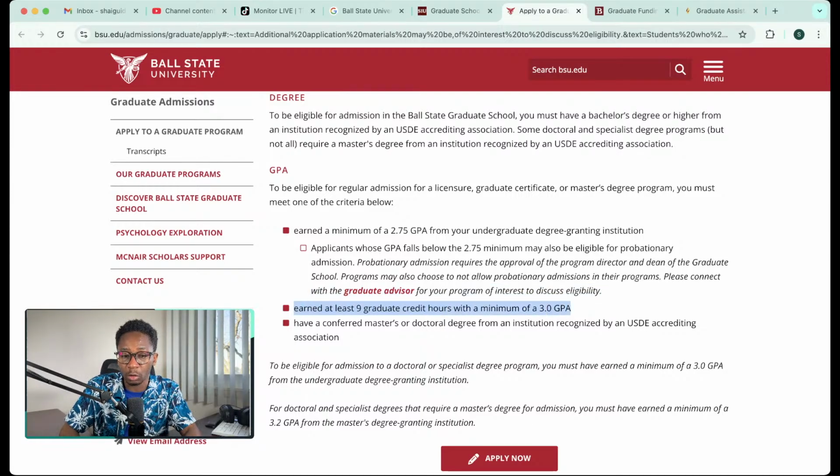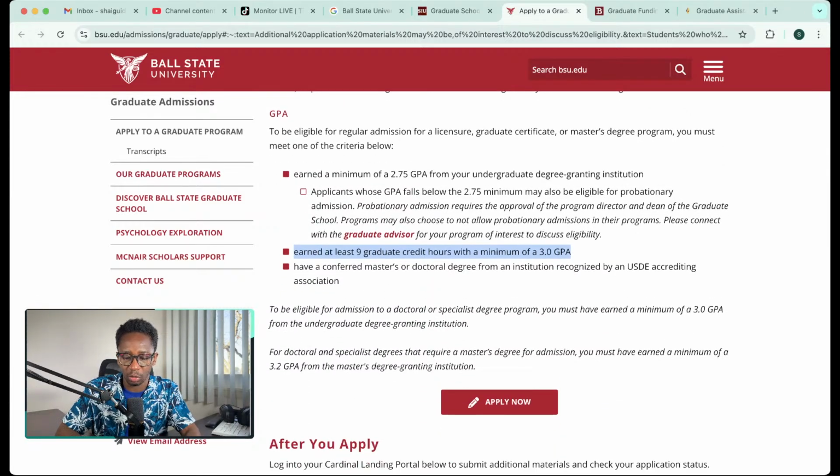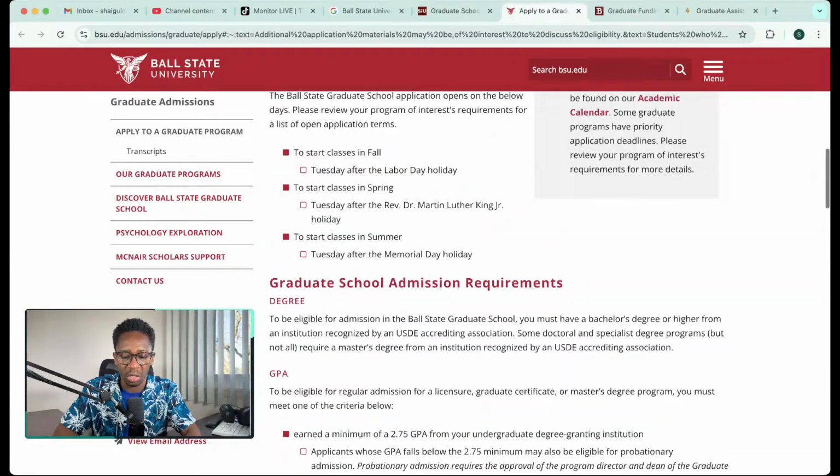So sometimes if you have a low GPA, one thing that can help you is to do your master's, do well in it, and then that good master's GPA can help you in a way. But that's a long process. So we can see that Ball State's 2.75 can also help you get into Ball State.